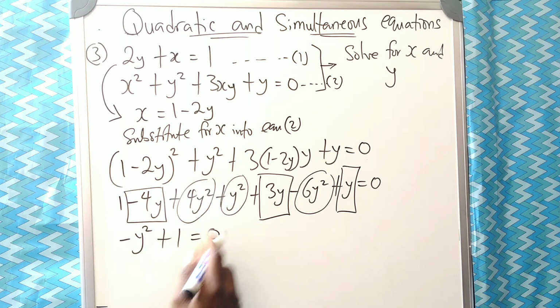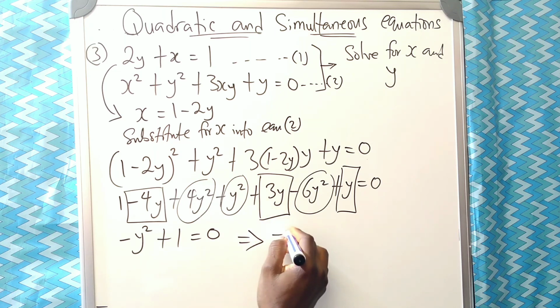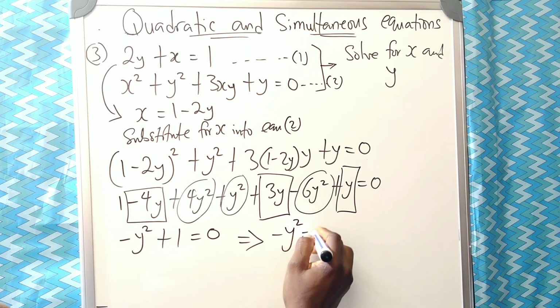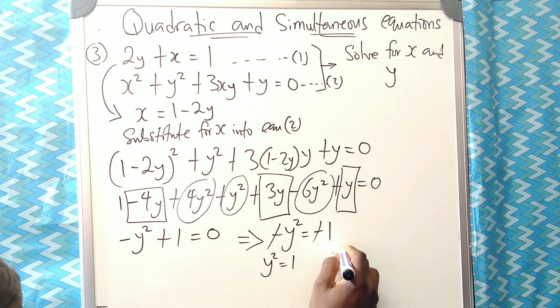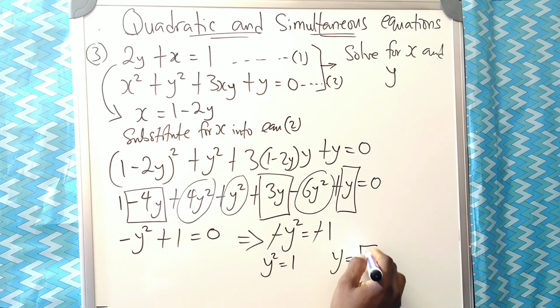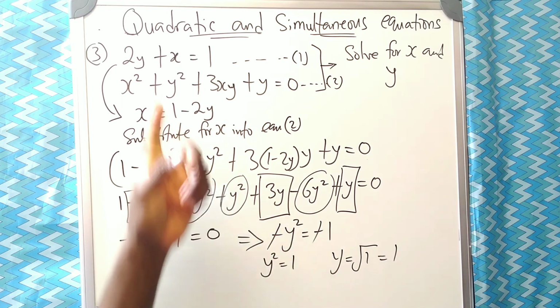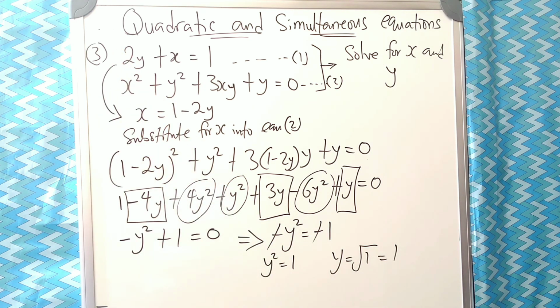We can transfer this 1 to the other side, so we have minus y squared equals minus 1. The minuses cancel, then y squared equals 1. And definitely, y is going to be the square root of 1, which is also 1.